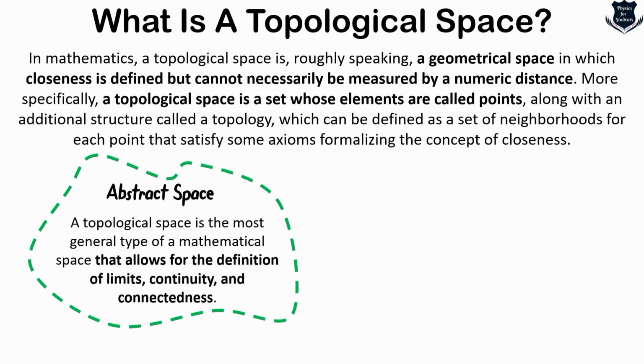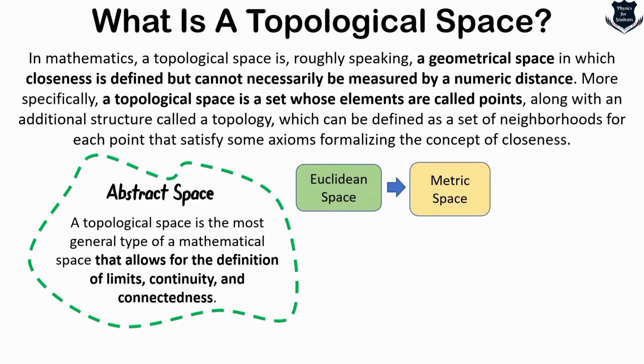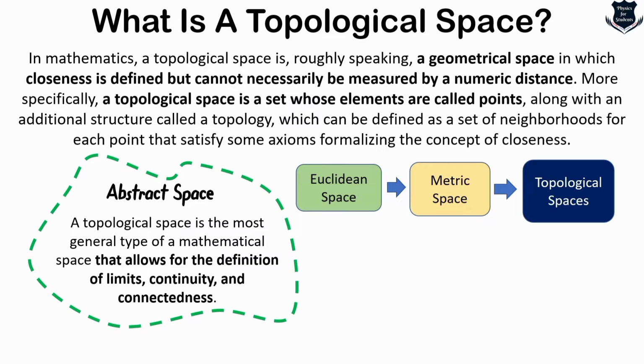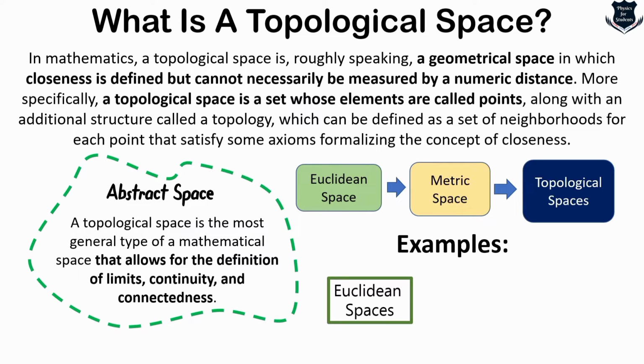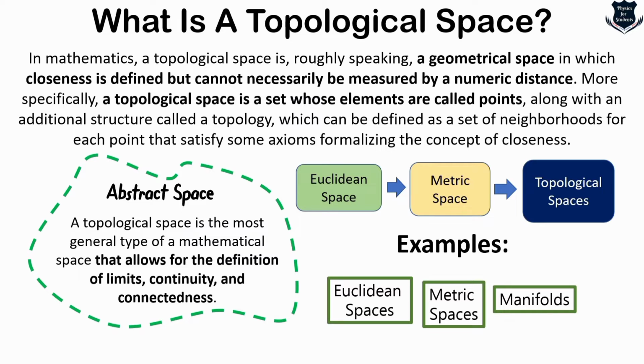That means it allows for the definition of limits, continuity and connectedness. So what we see is that we move from Euclidean space to metric space, and from metric space to a further abstract space, which is called a topological space. If you ask me for examples of topological spaces, obviously Euclidean spaces, metric spaces and manifolds are examples.